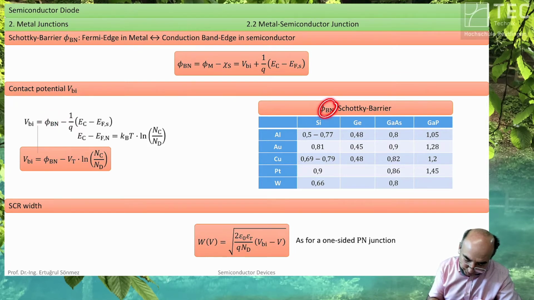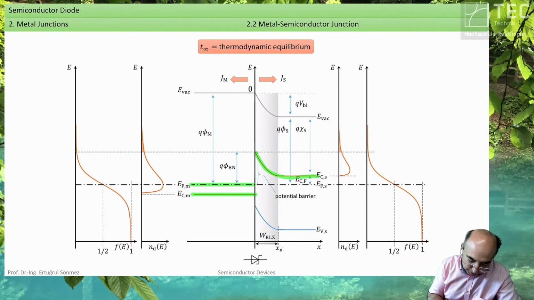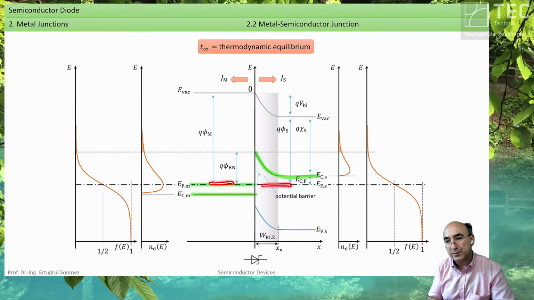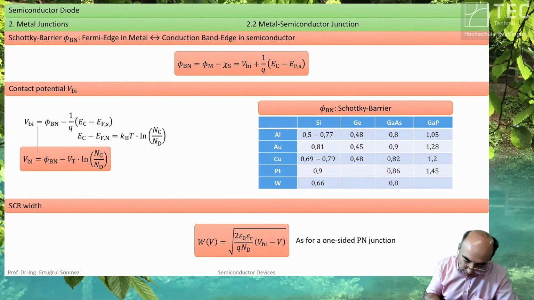And the Schottky barrier you can measure as a function of a pair of materials. Why a pair? Because it is defined through the linkage of two materials. This means silicon to aluminum, it is 0.5 to 0.7 volts. If you take copper and silicon, you increase this barrier.